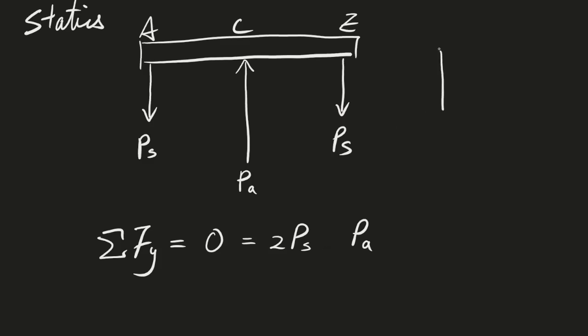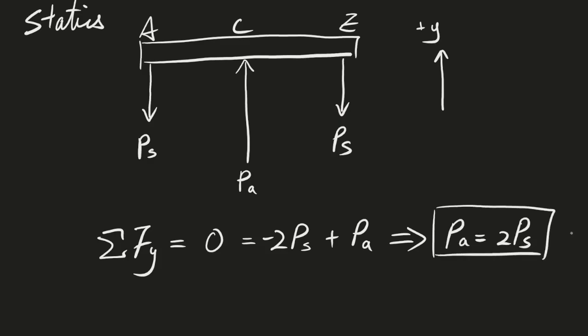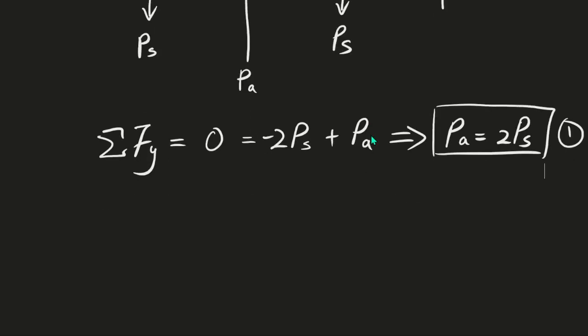Sorry, let's define a coordinate direction. We'll call that y in the positive direction. So it will be actually negative 2 PS plus 1 PA. And this is equivalent to saying PA is twice PS. We'll call that equation 1.